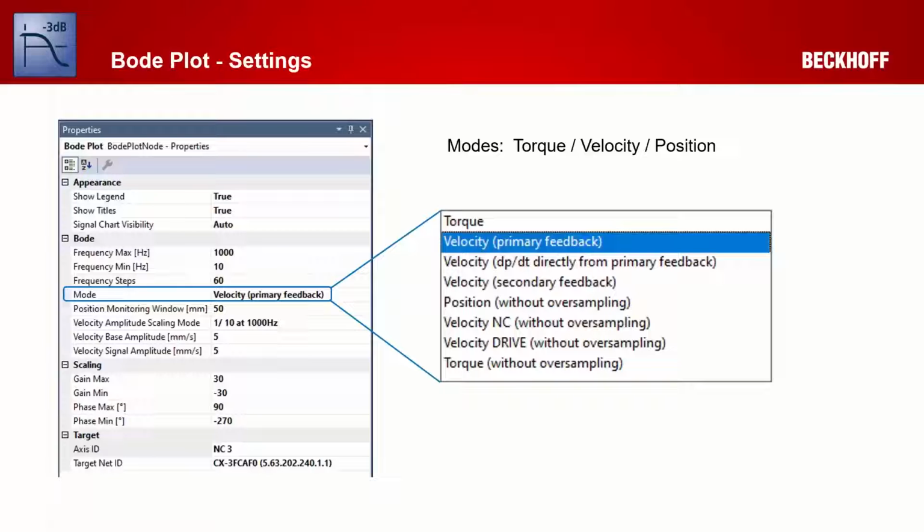The most interesting mode is the velocity Bode plot, because in this velocity loop you can see the behavior of the mechanics. The torque mode is not that interesting because it's based on the electrical behavior of the motor, and this is not changing. Therefore, normally you don't have to touch the torque loop, but the velocity loop is really interesting. And that's where we want to focus today.